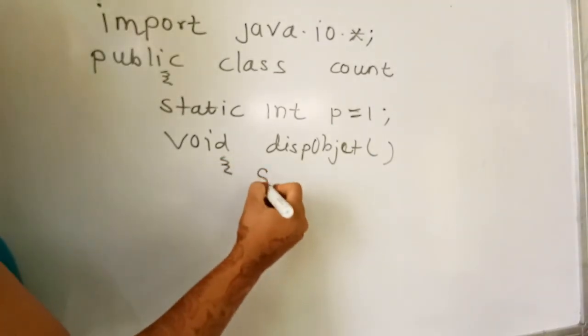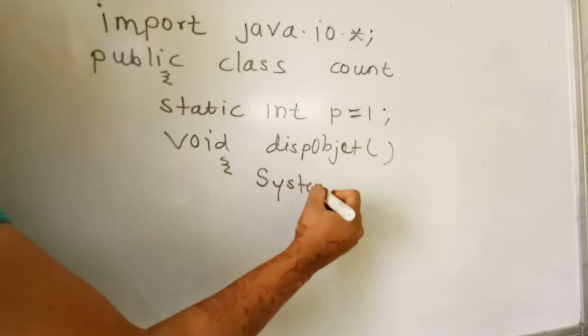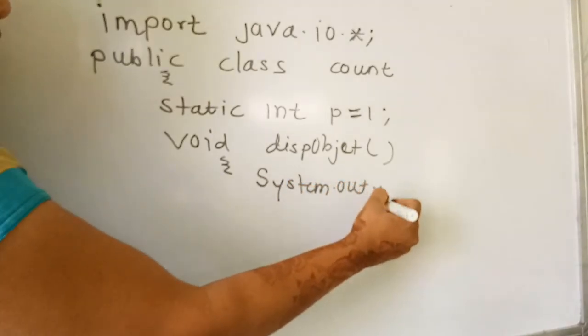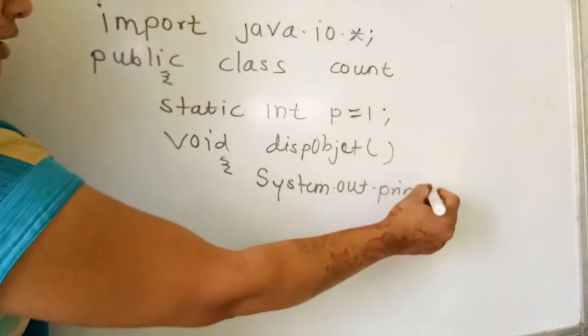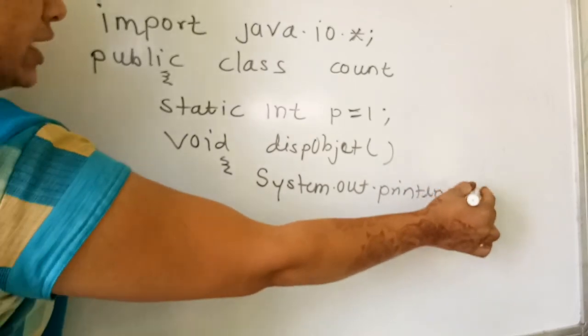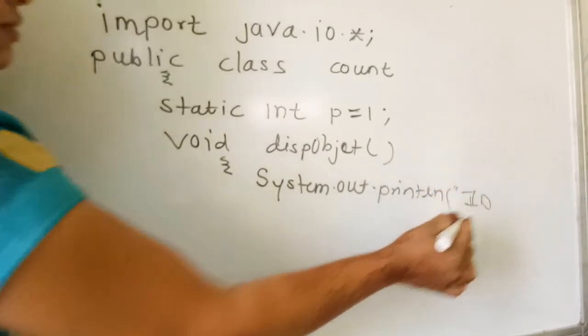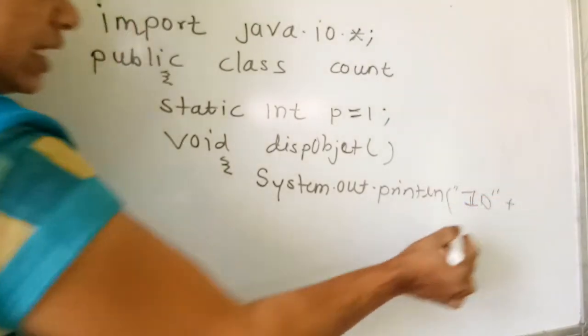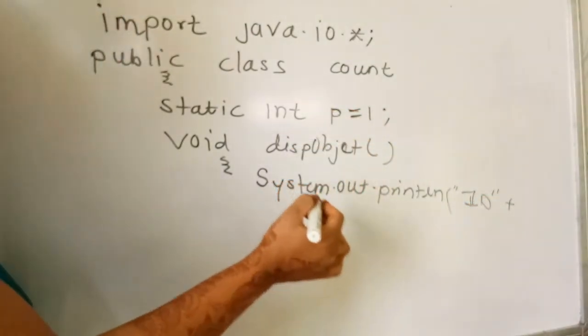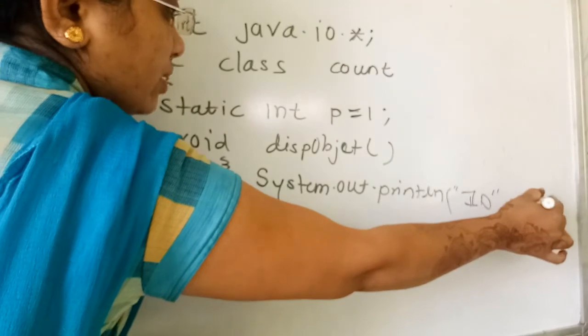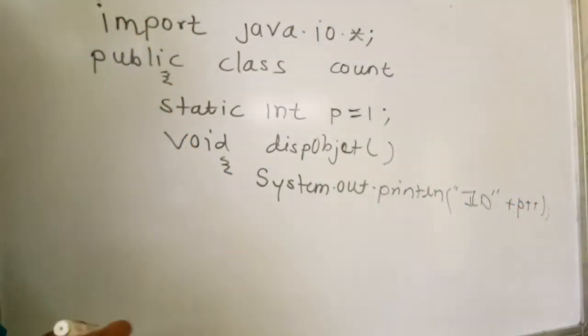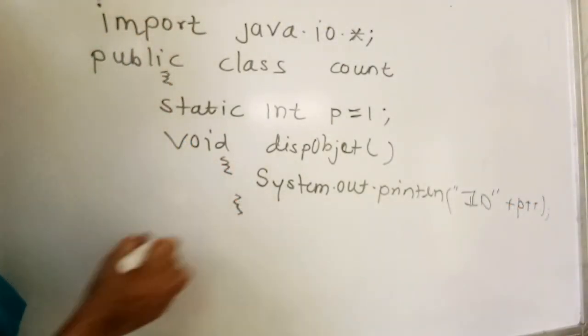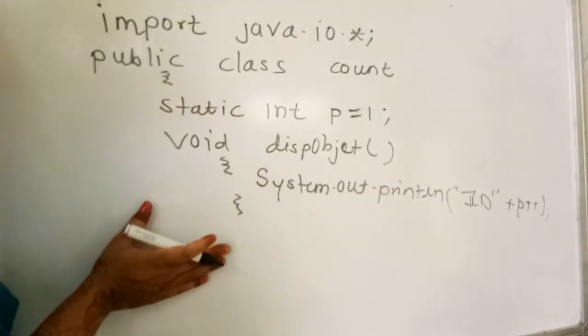We all know that for displaying any output on the screen, we use System.out.println, and we will write some structured output like "ID" plus p. So we will use the p++ mechanism here. Now this is the completion of the display method.